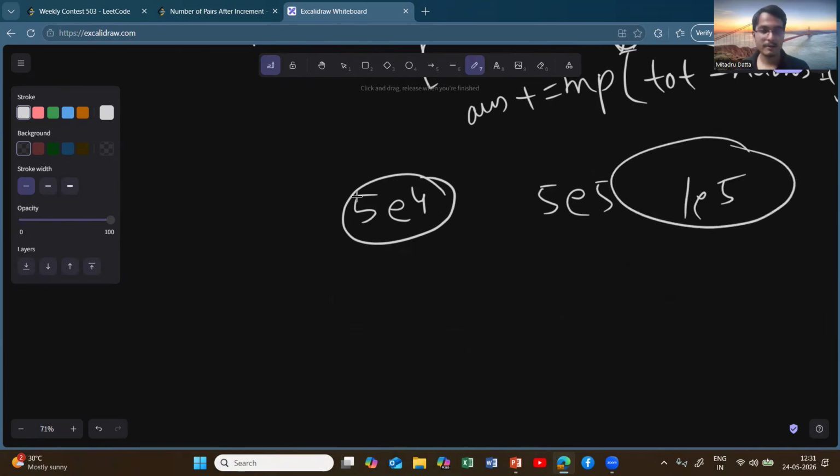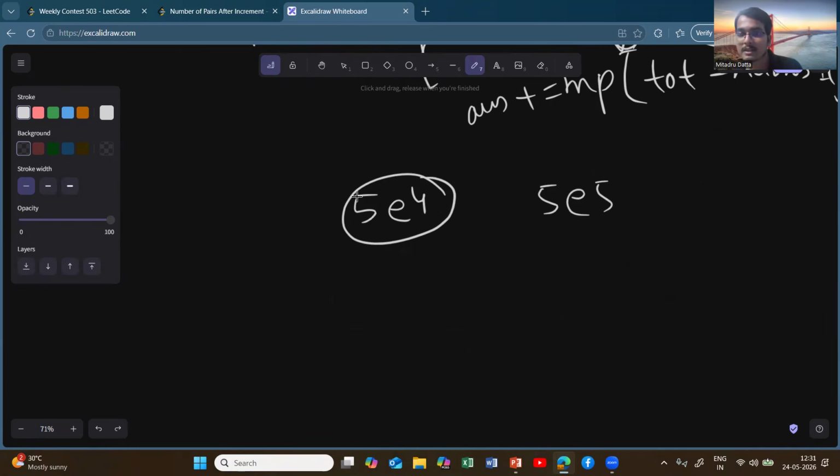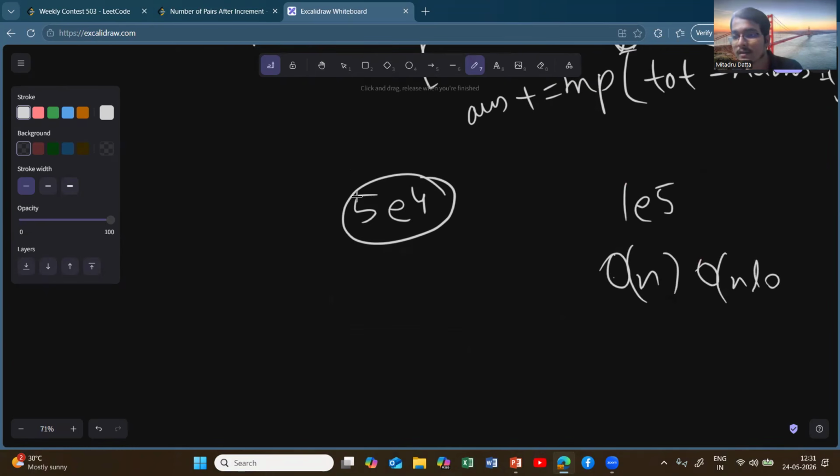If it was 1e5, not only O of n but an O of n log n solution would also be valid. But when 1e4 or 5e4 is given, an O of n root n solution is also correct.